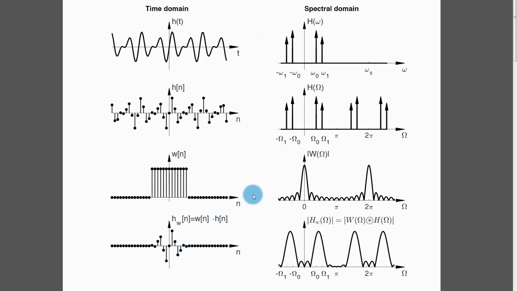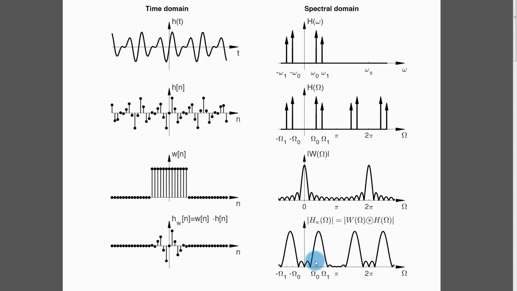So the final spectrum will now be given by the convolution of this ideal spectrum with the spectrum of my window. And as before, this spectrum gets shifted to the position of all these Dirac delta functions. But because this main lobe is pretty wide, all those shifted copies of this spectrum add up and I will get this.